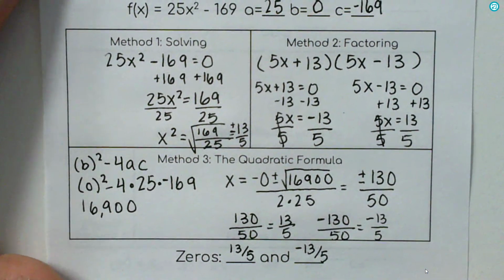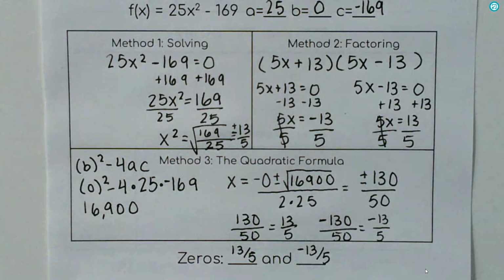Okay, so we just did the same problem 3 ways. I never expect for you to do the same problem 3 different times unless you really want to. You're going to need some scratch paper. Any questions? Right now, you need to look at this and make sure that you understand at least one of these methods for this problem.